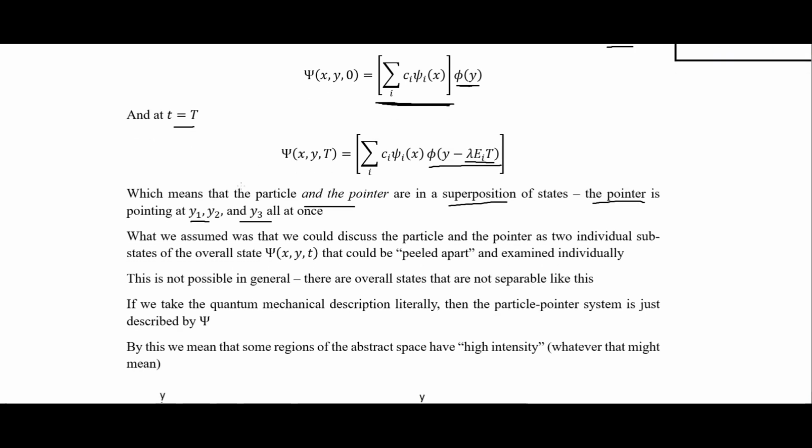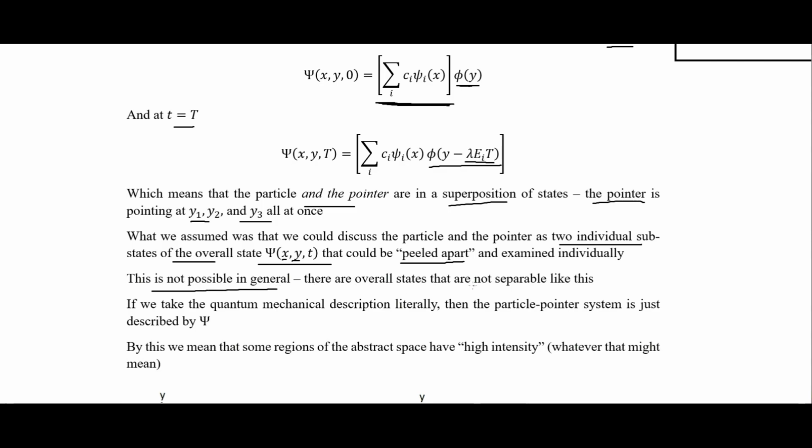What we assumed in the earlier video was that we could discuss the particle and the pointer as two individual substates of the overall psi of x, y, and t, where x is the particle position and y is the pointer position. That we could then peel these apart and examine them individually, but this in general is not possible.